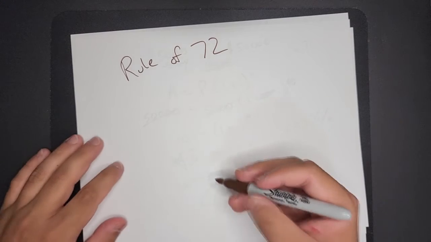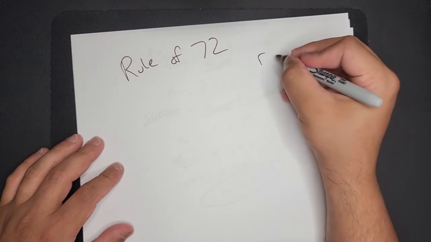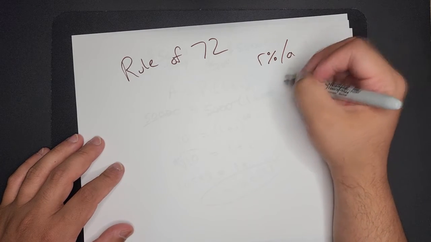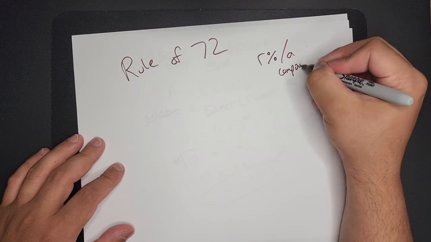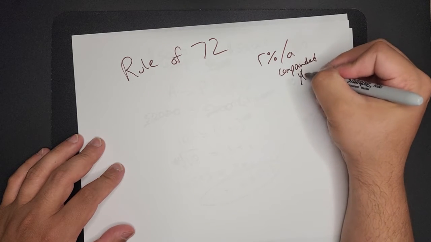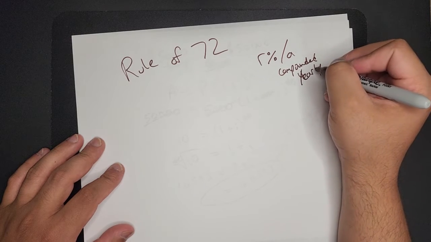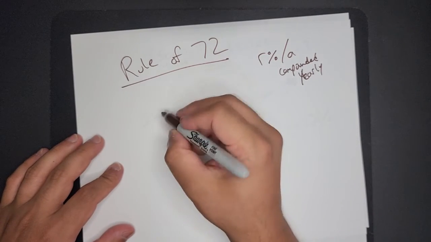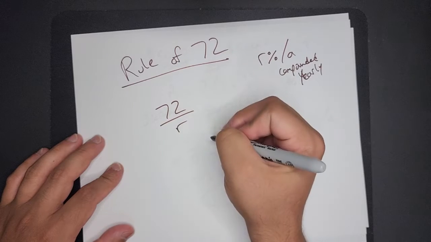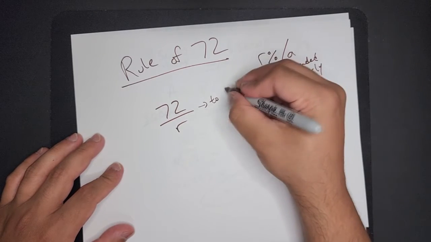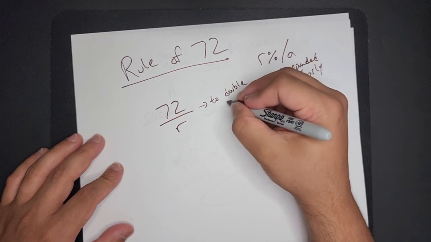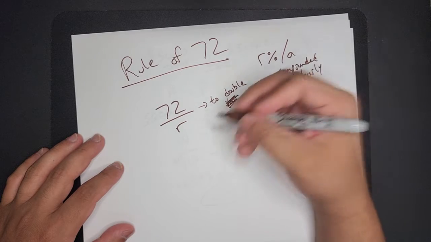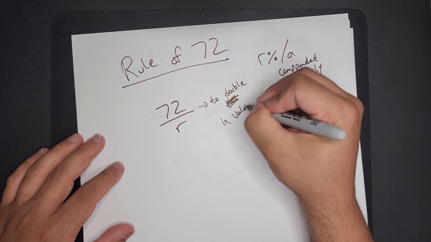So if you have an interest rate of R% per annum, compounded annually, then the rule of 72 means that it will take 72 divided by R years to double in value.